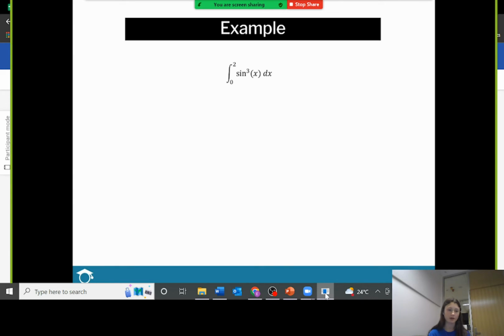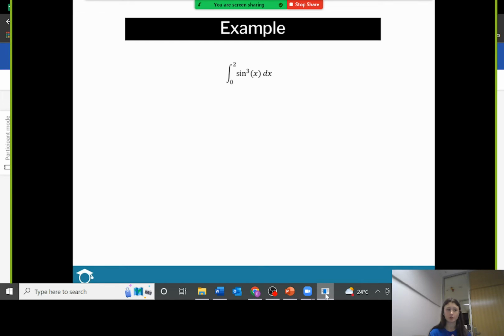Here is our example, and we've also introduced the definite integral, because when we're using substitution for definite integrals, there's one more thing we have to consider, which is that the limits here are for x, not for u.